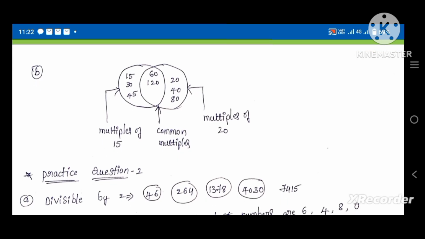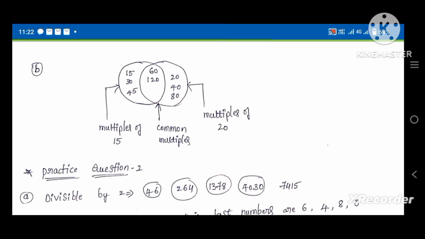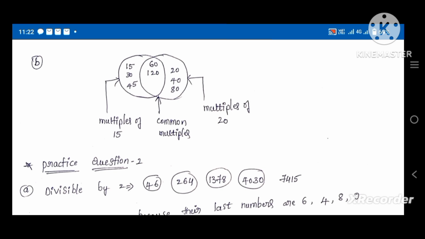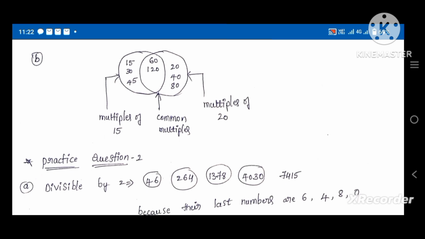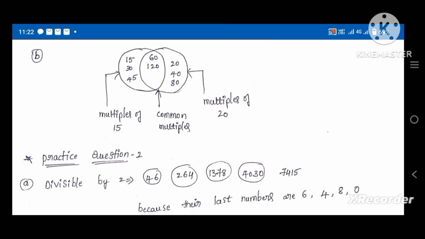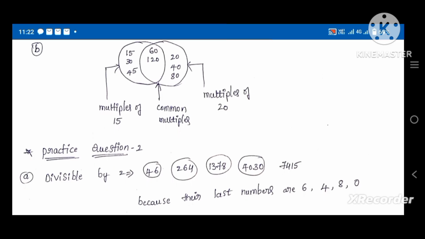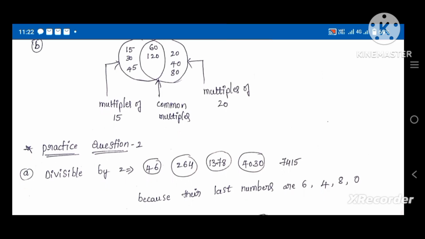Practice question number 2. A. Divisible by 2: 46, 264, 1378, 4030. Because their last digits are 6, 4, 8, 0.